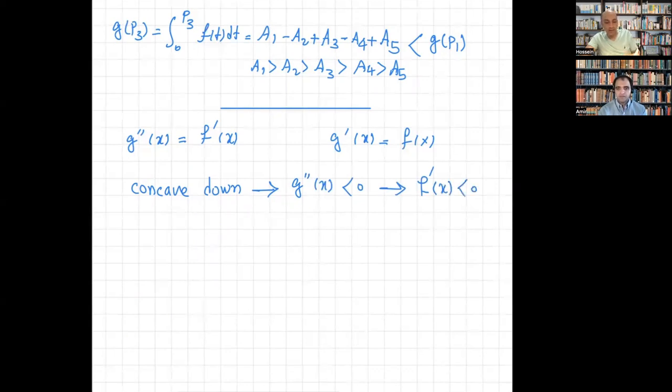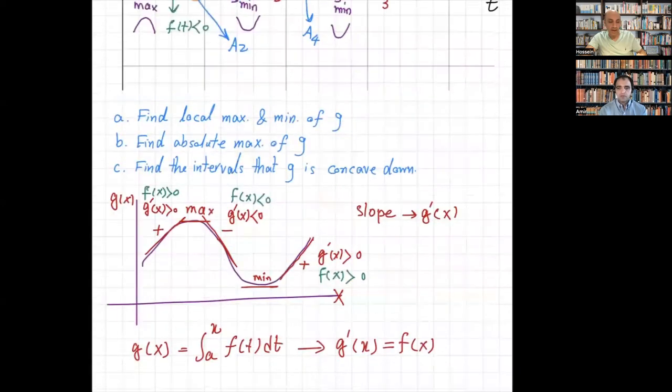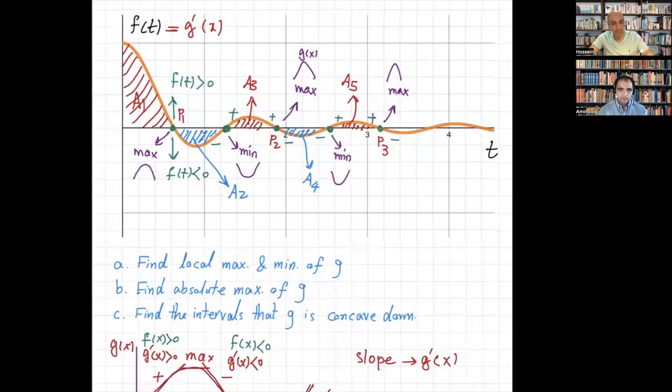We know that f prime of X is the slope of the tangent line to the curve. So if we go back to the curve, we have to look at the intervals where f is descending. I'm going to draw a tangent line here.